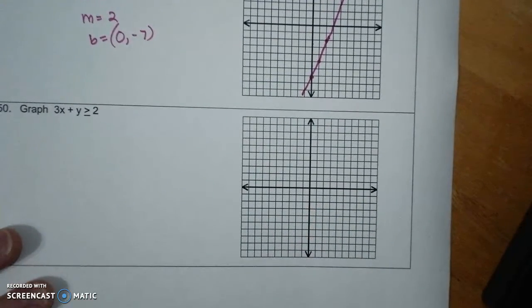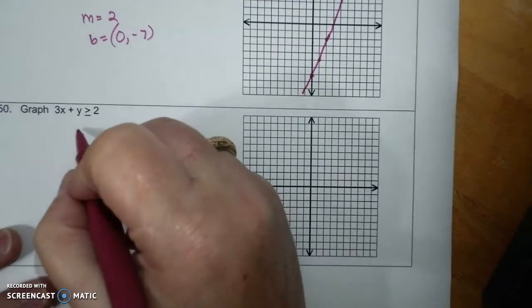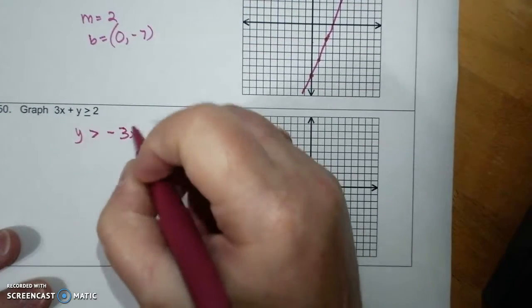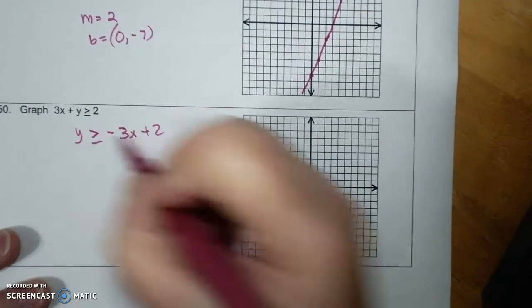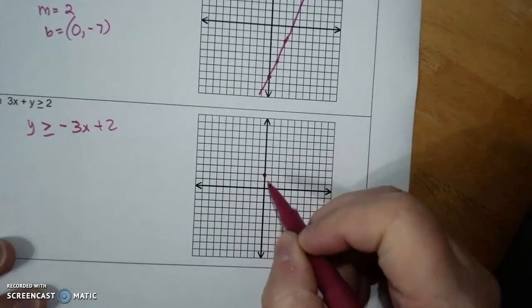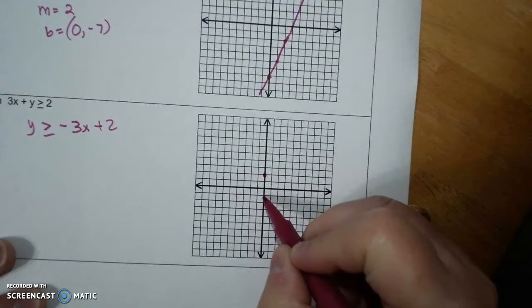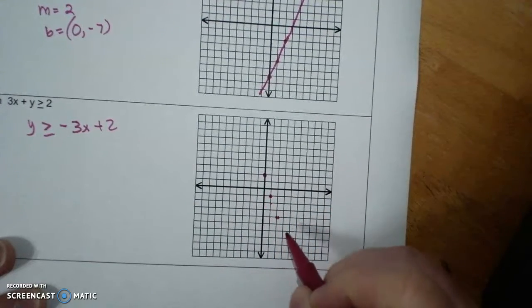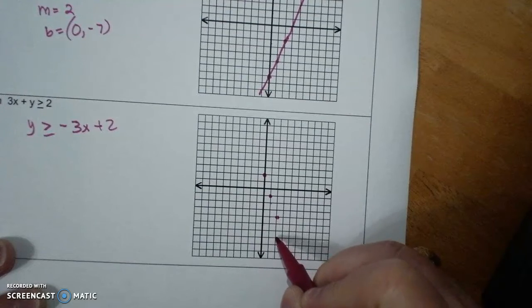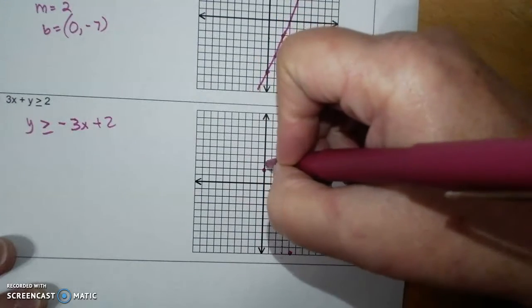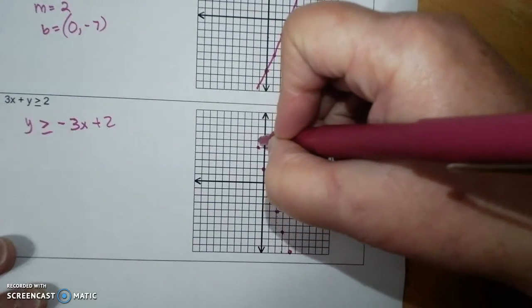Graph 3x plus y is greater than 2. So y is greater than negative 3x plus 2. I'm going to start at 2, going down 3, right 1. Up 3, left 1.